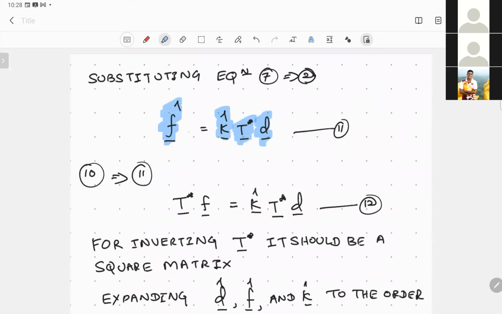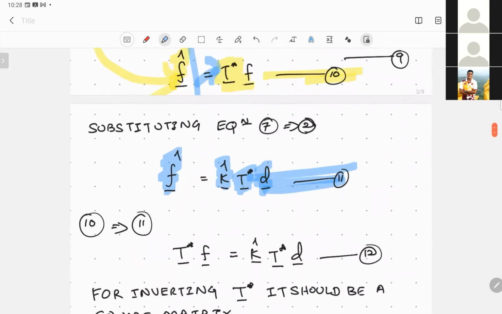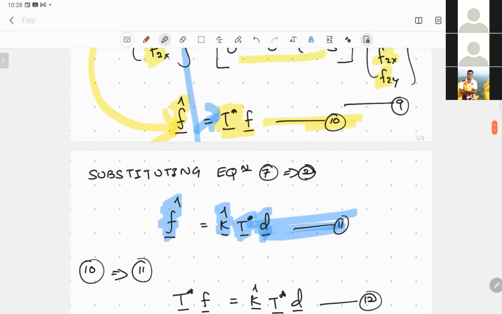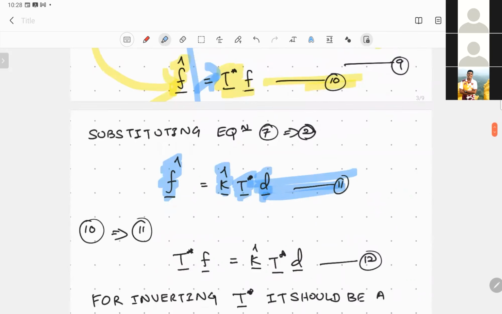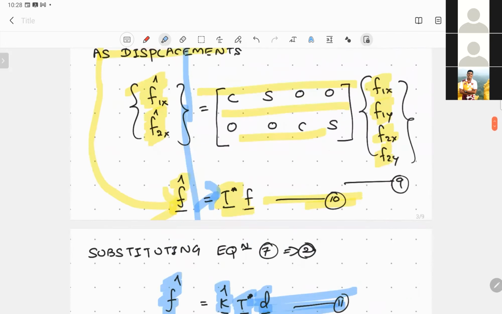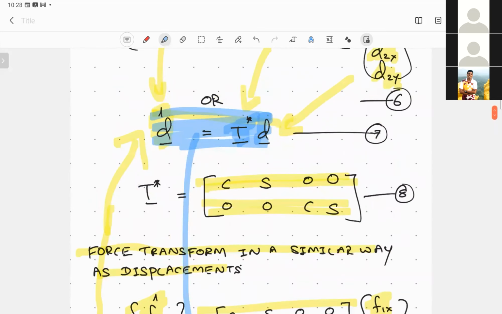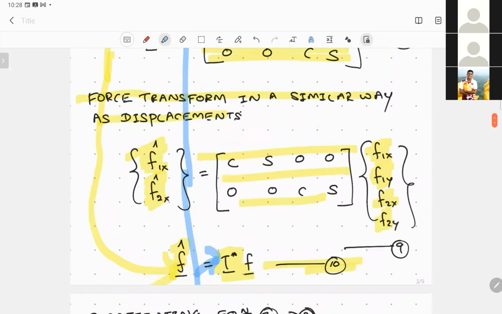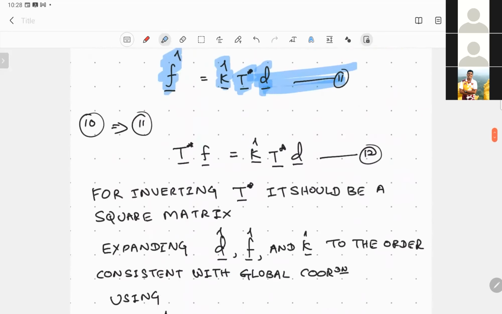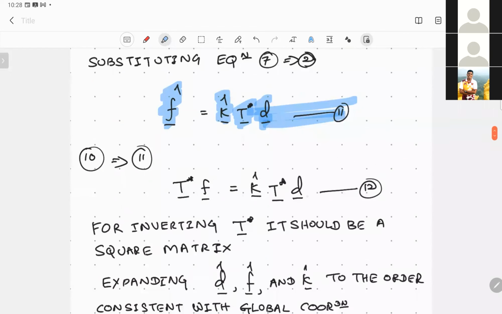So you would end up getting equation number 11. Once you have equation number 11, you can substitute it in equation number 10. Here I made a mistake. So you simply consider equation number 2 and substitute the values you obtain using equation number 7, and of course equation number 10, to obtain equation number 12.